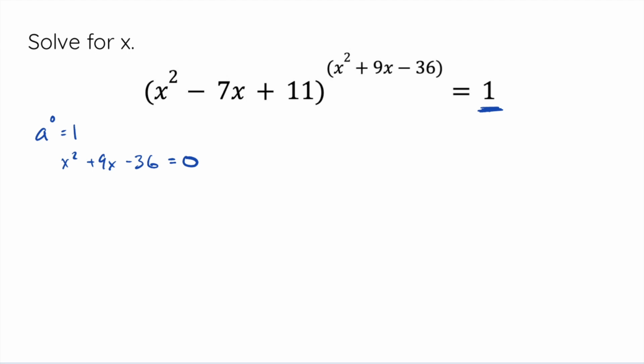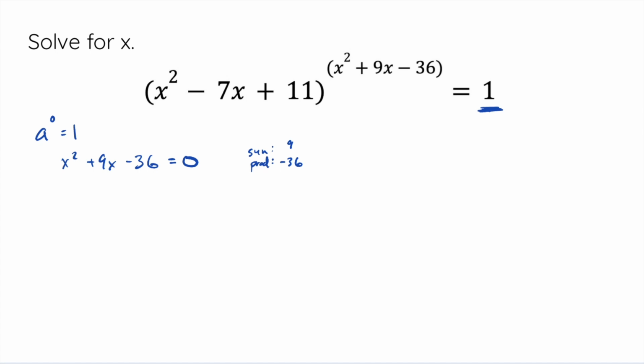So to solve this, I'm going to factor it using the sum and product rule. And because a is 1, I don't have to use decomposition. So I'm looking for two numbers whose sum is 9 and the product is negative 36. And when I go through some of the factors of 36, the one that stands out is 12 and 3, and 12 minus 3 is 9.